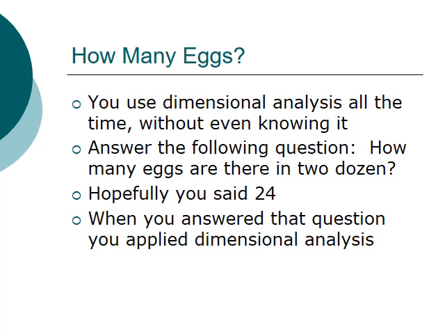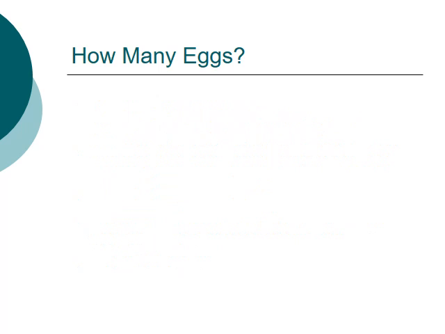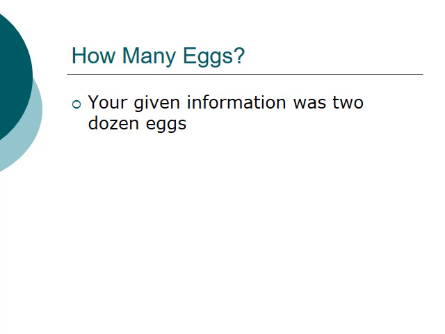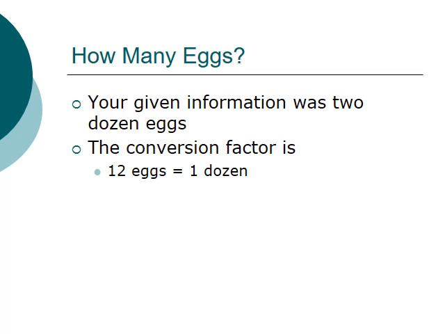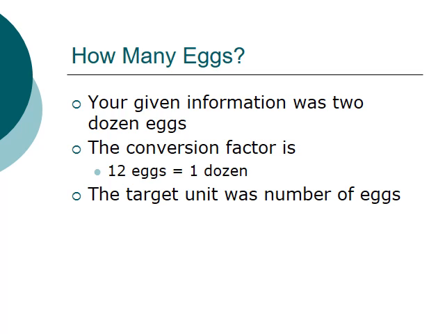Let's demonstrate how you did. Your given information was 2 dozen eggs. The conversion factor, 12 eggs equal 1 dozen. Finally, your target unit is number of eggs.